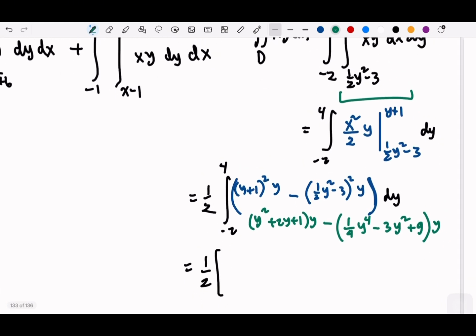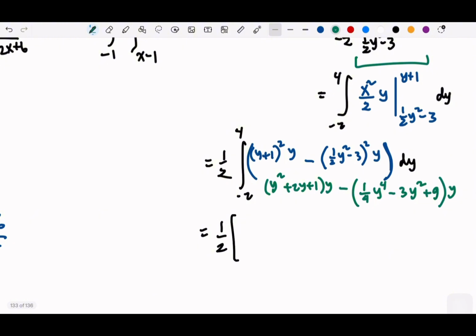So this will be y cubed plus 2y squared plus y minus 1 over 4y^5 plus 3y cubed minus 9y.